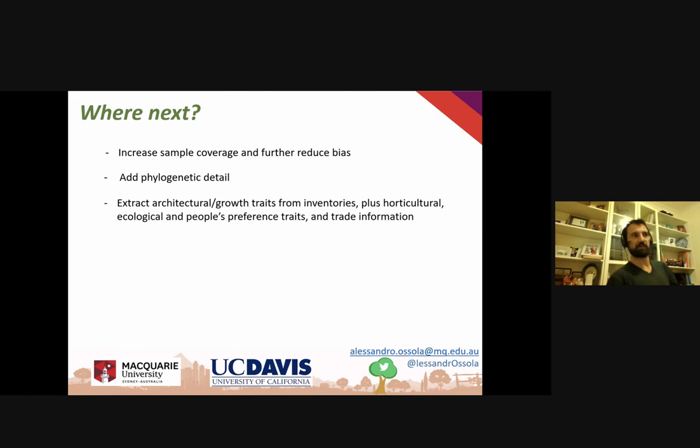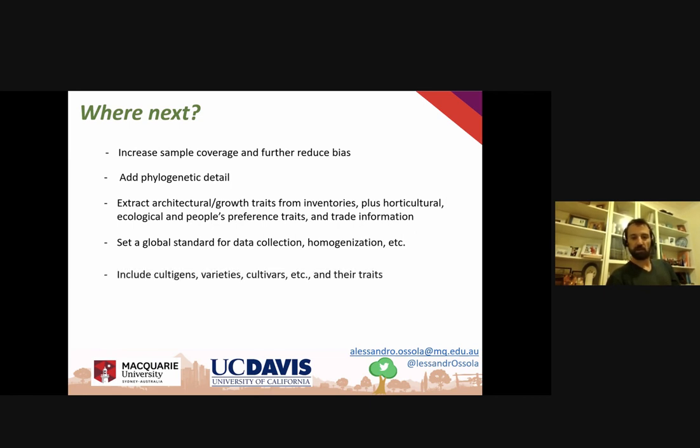So we have very high definition data of which plant is where and the volumes of these different offerings across the countries in different regions, whereas in other countries there is completely no certainty about it. And we would like to set a global standard for data collection, homogenization and cleaning, because it's been quite a messy and time-consuming process so far.